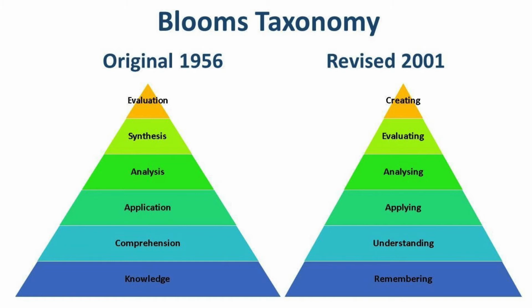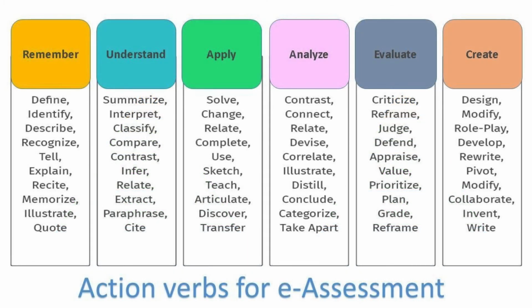For e-assessment, we have to choose the appropriate action verbs and ICT tools to test the learner's specific skills. Under the skill remember, there are action verbs such as define, identify, describe, recognize, tell, explain, recite, memorize, illustrate, and quote.